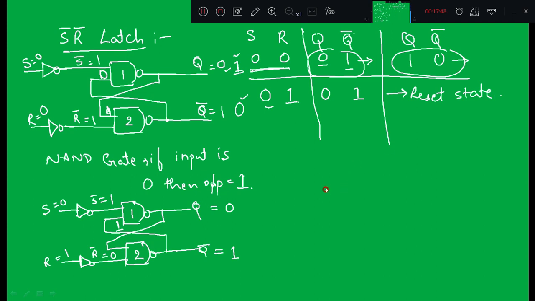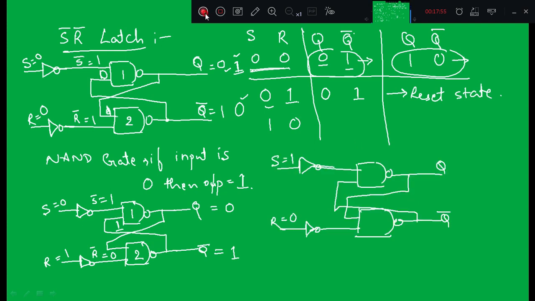Similarly, the third case, that is 1 0, the next input combination, right? For this 1 0, the previous state is 0 1. So Q is equal to 0, and this will act as the previous state, right? So Q bar is equal to 1. Since S is equal to 1, the output is 0, and R is 0, the output is 1 here.